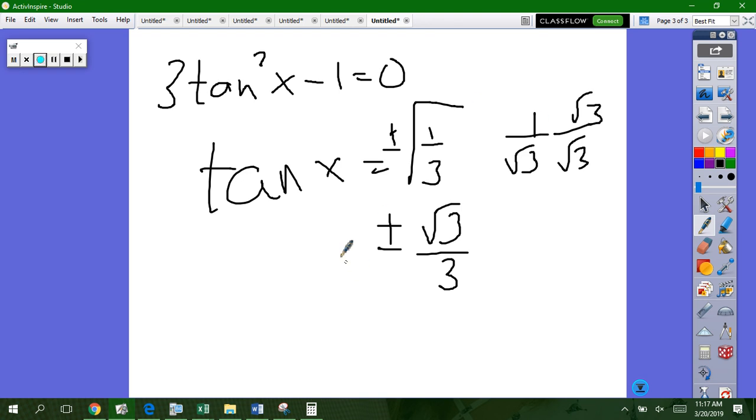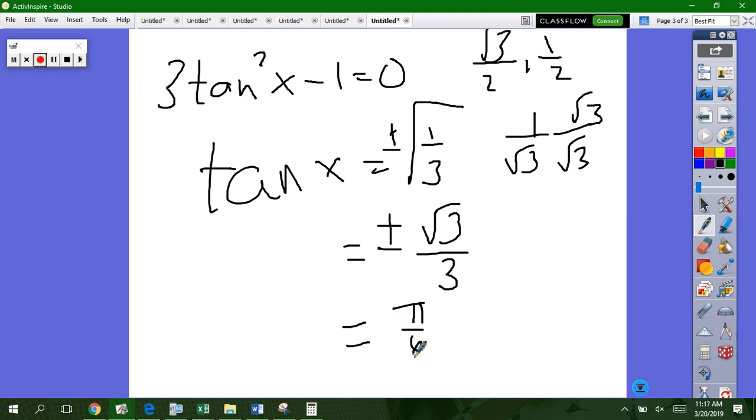Okay, so where does tangent equal root 3 over 3? Tangent's a little bit harder one to think about, isn't it? This is, by the way, the root 3 over 2, comma, half. Pi 6. Nope, it goes square root of 3 over 2, root 2 over 2, 1/2 for the x value. Other way around. So this is, as you said, what is it then? Pi 6. Where else is it positive at?